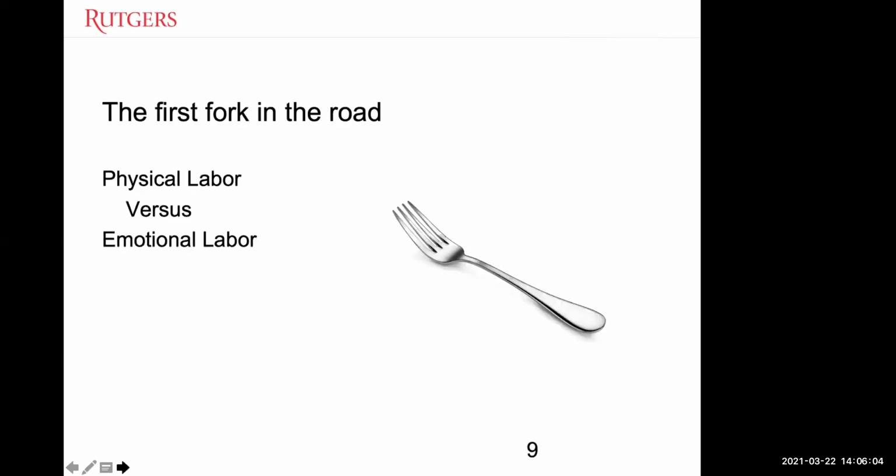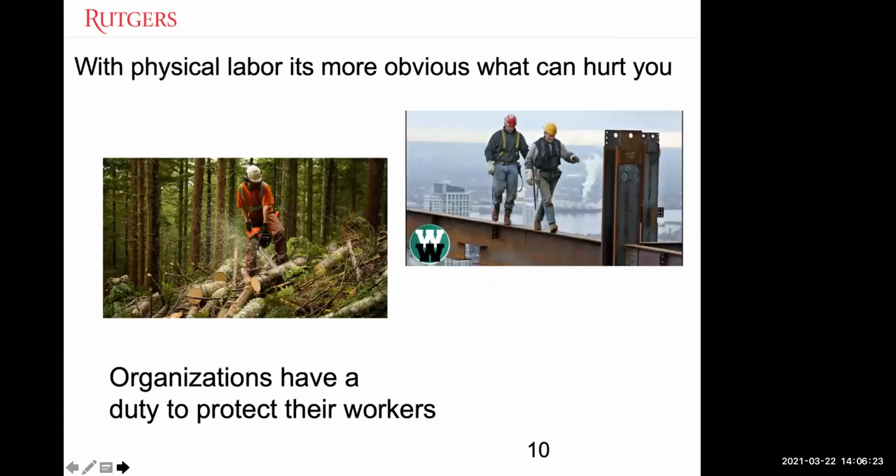But first, let's talk about this idea of people who do physical labor versus people who do emotional labor. And I'm arguing that you guys largely do emotional labor. Of course, there are elements of physicality as well. With physical labor, it can be really obvious what the dangers are.